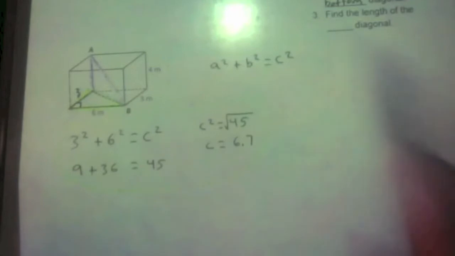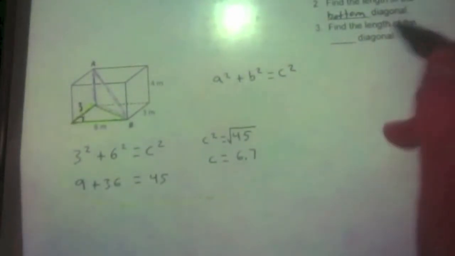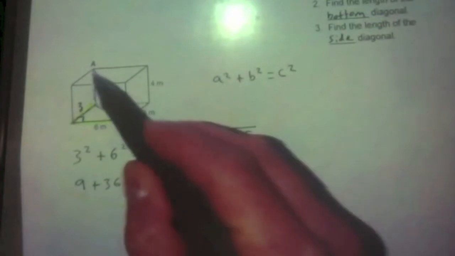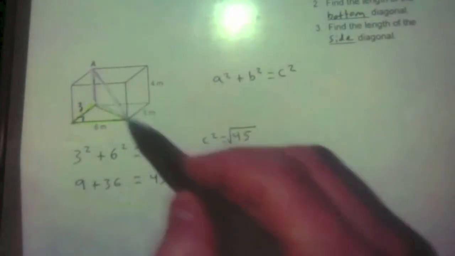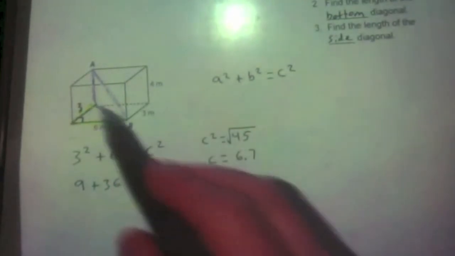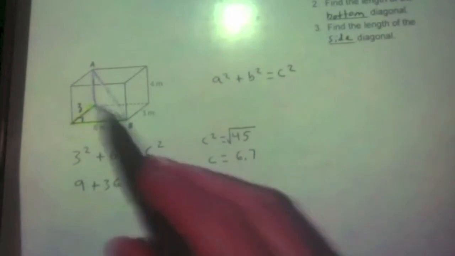So we're jumping over to step number 3, which is to find the length of the side diagonal. I call it the side diagonal because this diagonal goes from one side of the box to the other side. We already know this bottom piece here is 6.7.